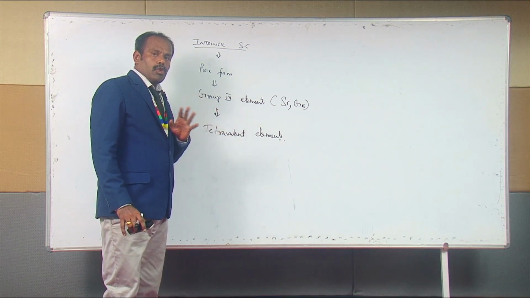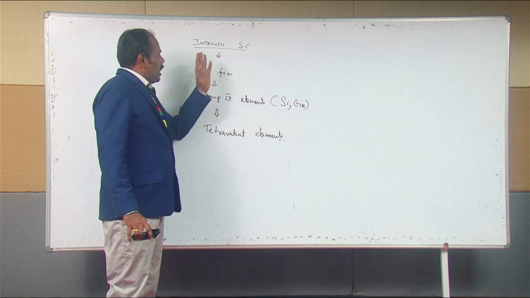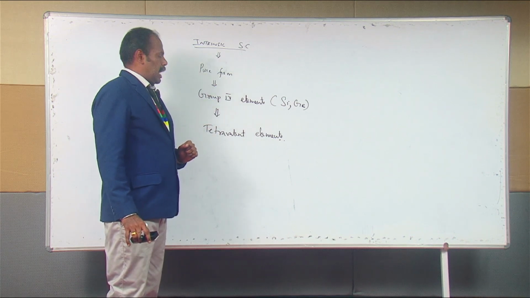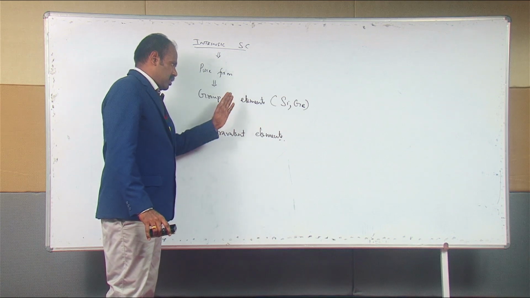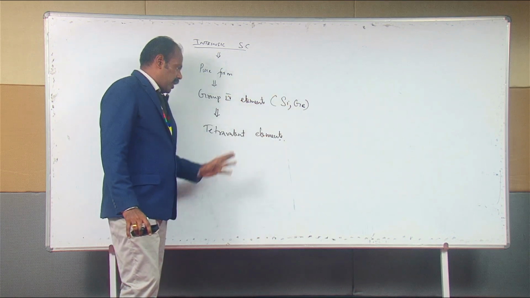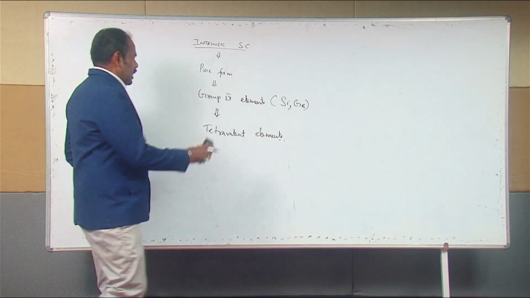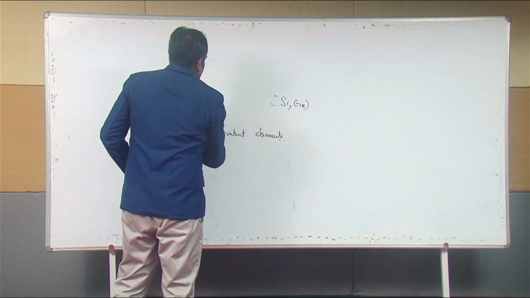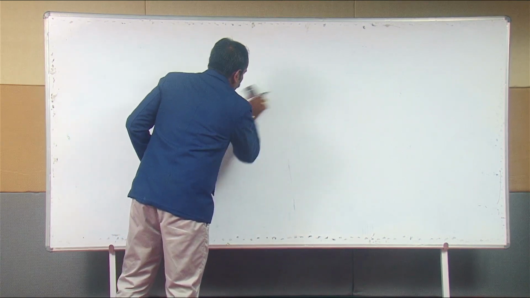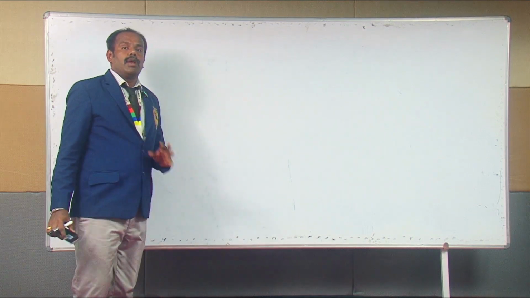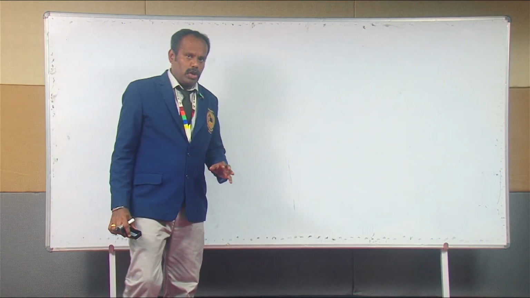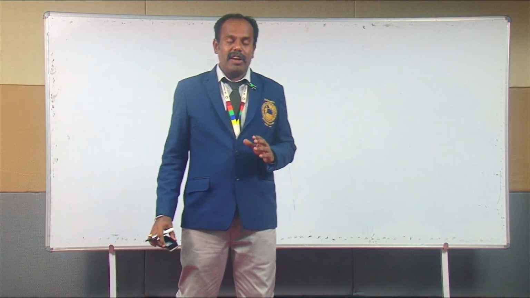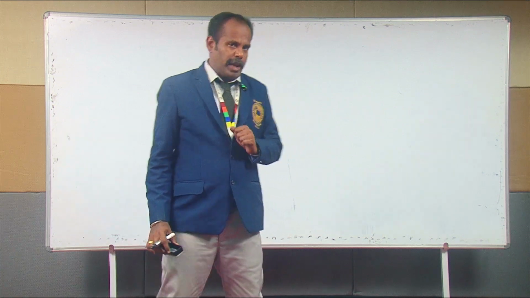Number two, group 4 elements come under the intrinsic semiconductor, and group 4 elements like silicon and germanium are tetravalent in nature. Now let's see how this intrinsic semiconductor will behave at T = 0 Kelvin and what happens when we increase the value of temperature.